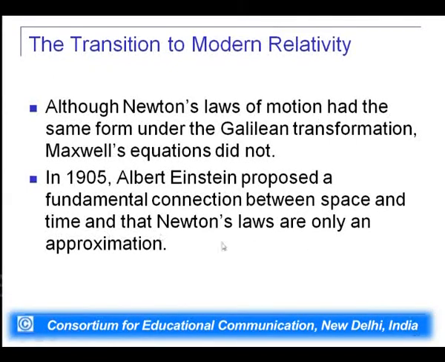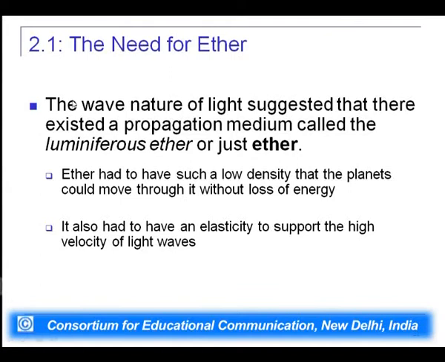It means Newton's law is not valid here, but this just gives the connection between space and time. Then, for defining this, they required a medium, that is the ether. The wave nature of light suggested that there existed a propagation medium, called the luminiferous ether, or just the ether, which is massless and a transparent material.